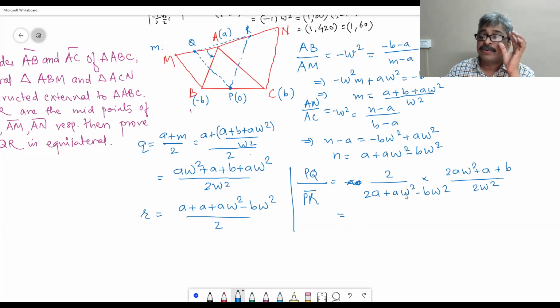Now, if everything is correct and if my calculations first of all are correct, then we should get minus omega square. Let us check this.